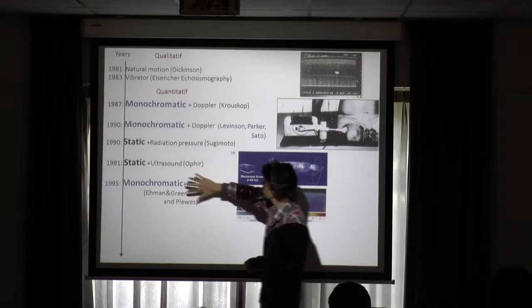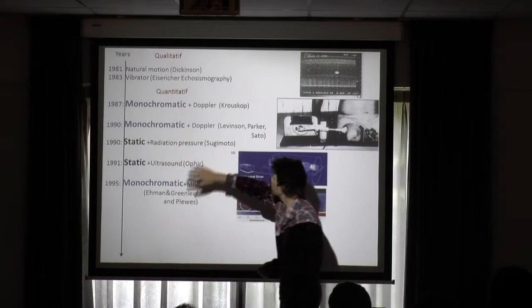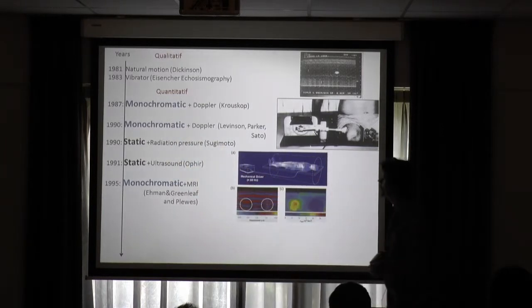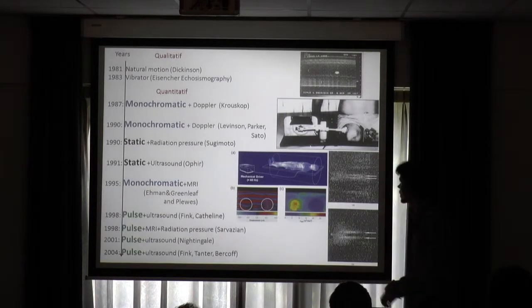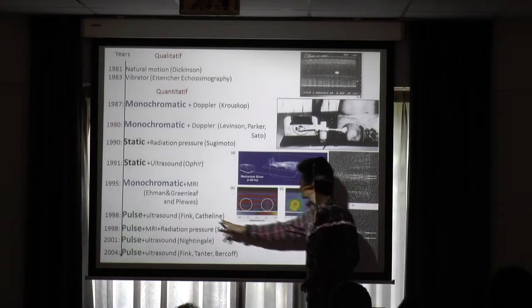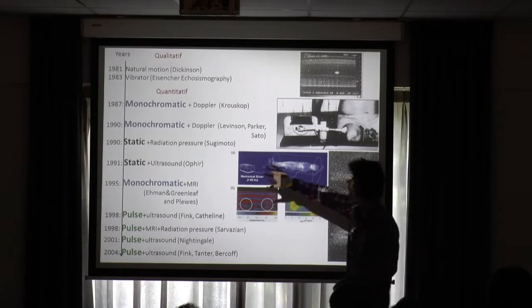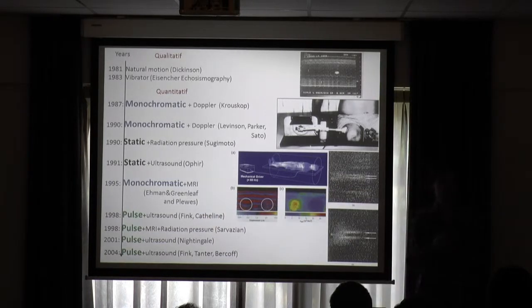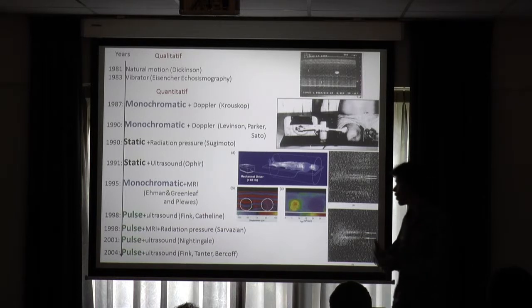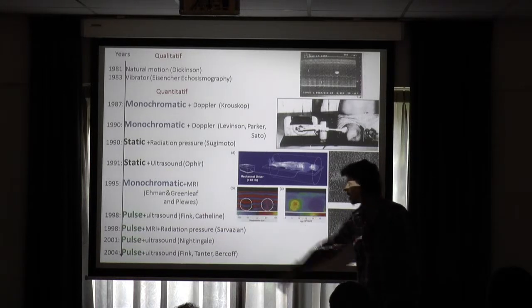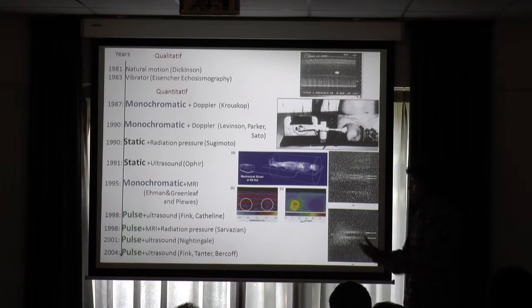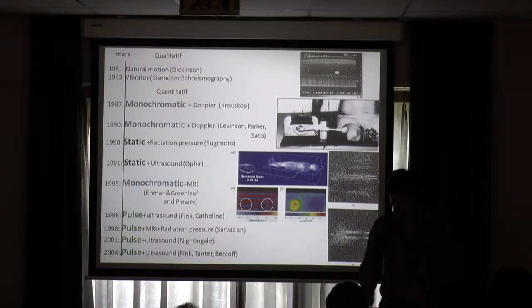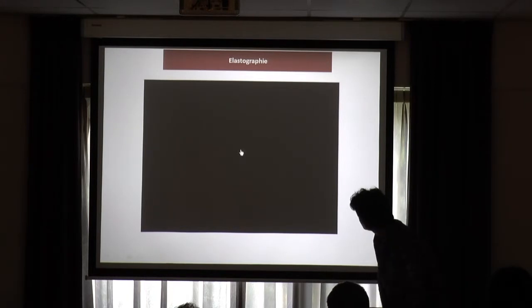All the techniques used monochromatic vibration, or static, but I won't speak about that. And then Matthias Fink, during my PhD thesis, had the idea to replace the monochromatic vibration by a pulse, and a pulse contained much more information, and it was the beginning of pulse elastography, which is generally encountered in clinics now.